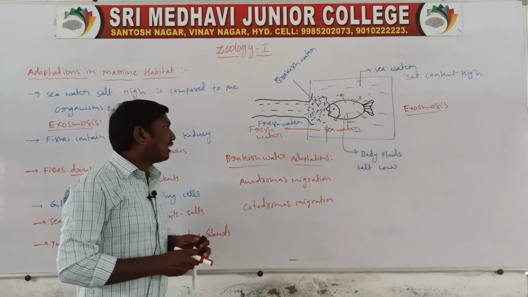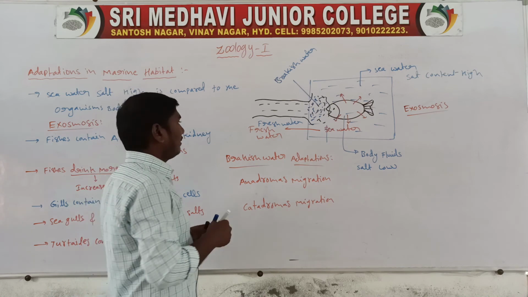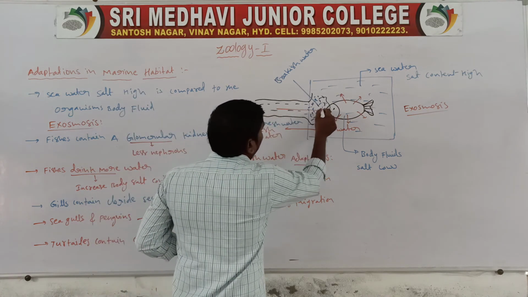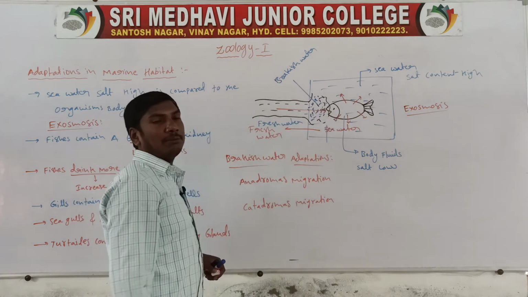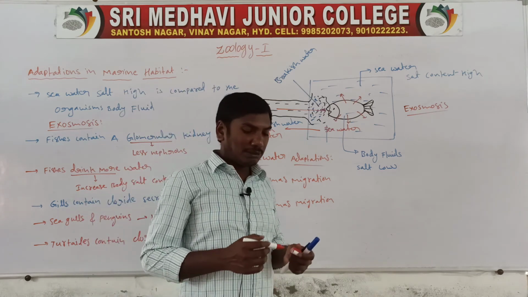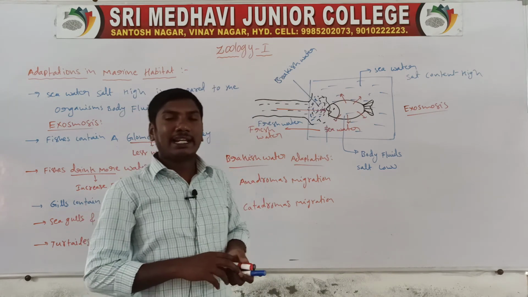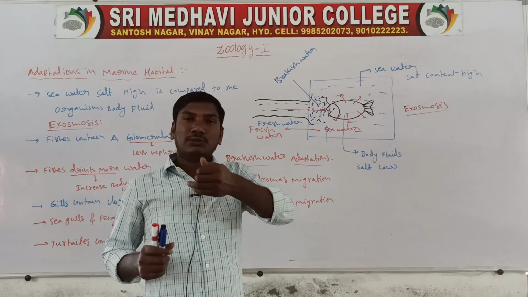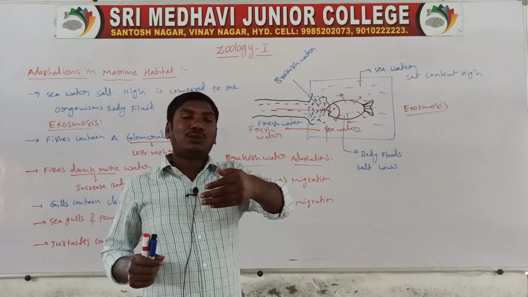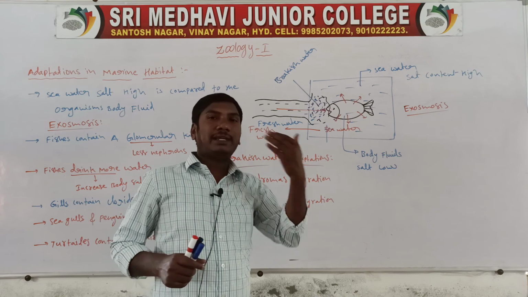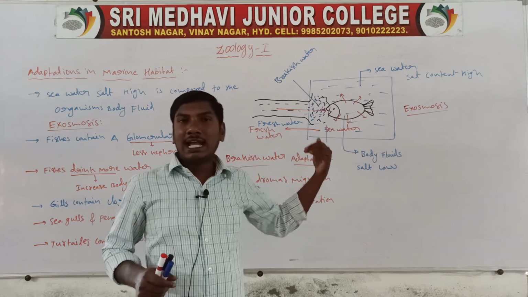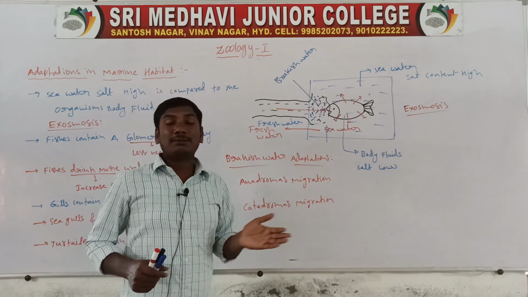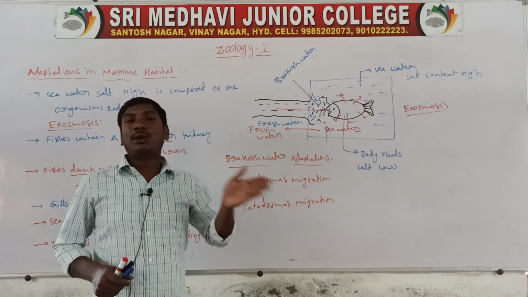Next, catadromous migration means movement from fresh water to marine water. Anadromous migration is from marine water to fresh water, and catadromous migration is from fresh water to marine water.